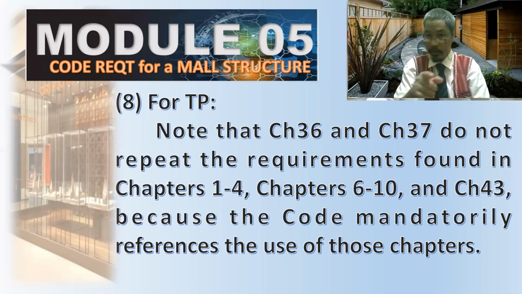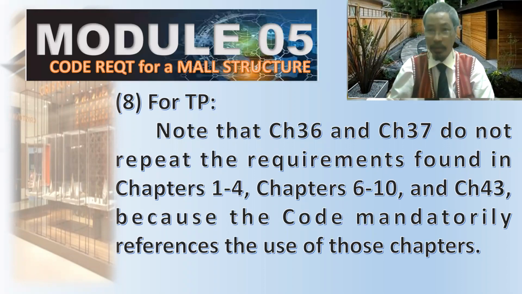Take note, it is written here, chapters 1 to 4, chapters 6 to 10, and chapter 43. The function of chapter 43 is somewhat like chapters 1 to 4 and chapters 6 to 10. They are core chapters.